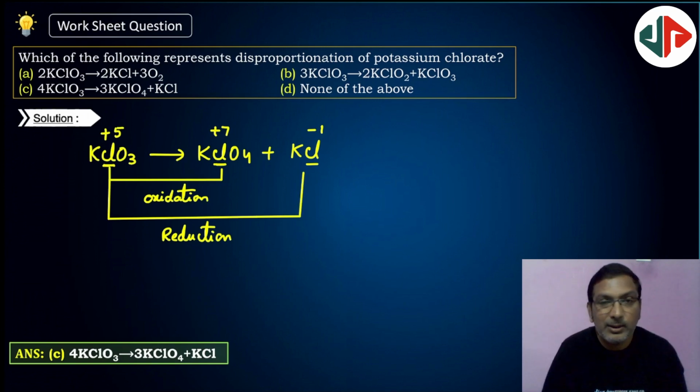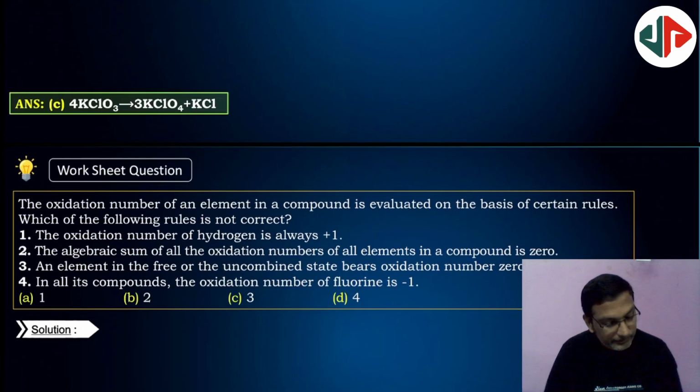KClO3 undergoes both oxidation and reduction, therefore disproportionation. Option C. You can check remaining options also. Potassium chlorate, first one. Next, second, potassium perchlorate. KCl is potassium chloride. Remember names also. Next.